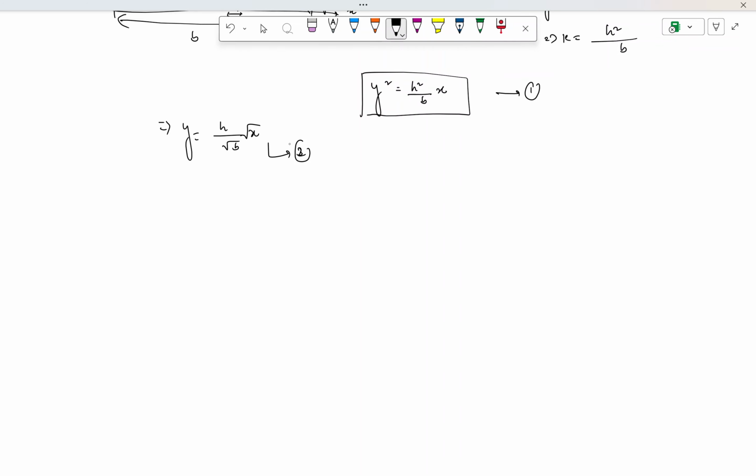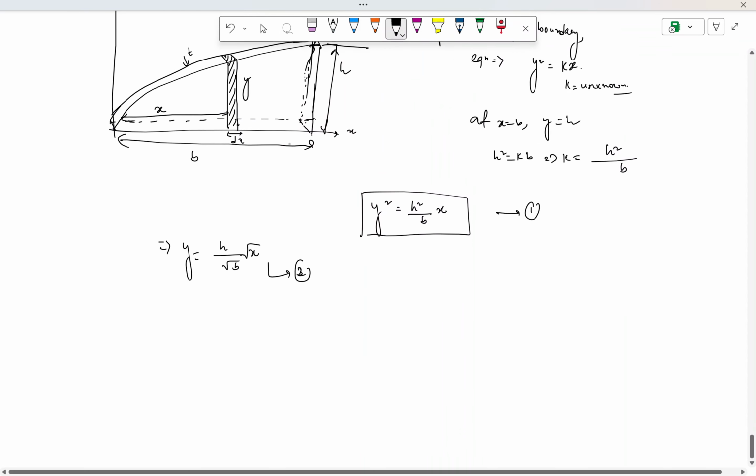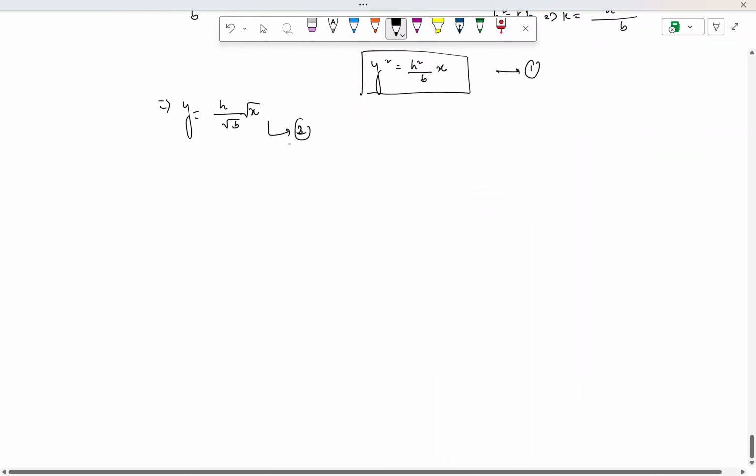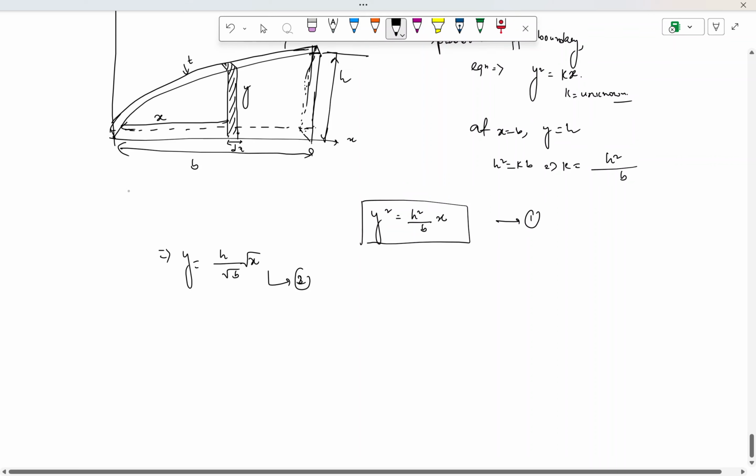In this case we have already chosen our area element, which is this dashed region. And now the moment of inertia about x-axis is Ixx. So we first calculate the moment of inertia about x-axis for the small area element dA, and later on we integrate that to get the Ixx for the entire configuration. That is our idea of solving it.